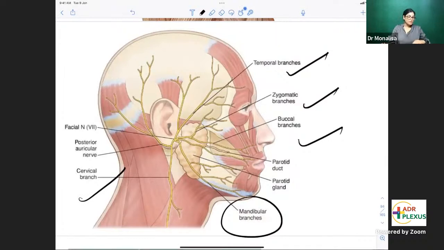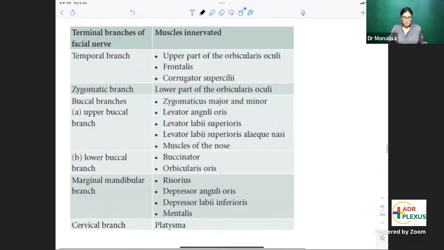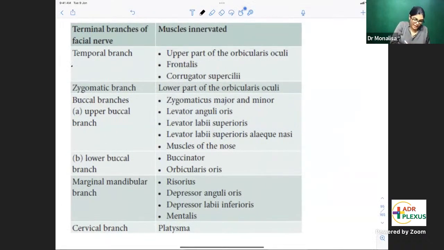The temporal branch of the facial nerve gives innervation to the upper part of orbicularis oculi, frontalis, and the corrugator supercilii, which was asked in the MCQ. So definitely it is the right answer.